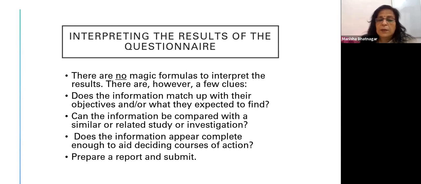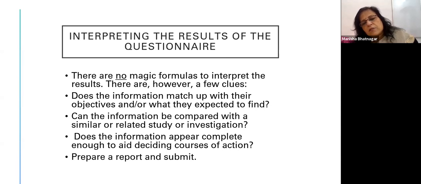Does the information appear complete enough to aid deciding courses of action? So the questionnaire should be made in such a way that you must get complete information, and a lot of thinking should go in before preparing the questionnaire.